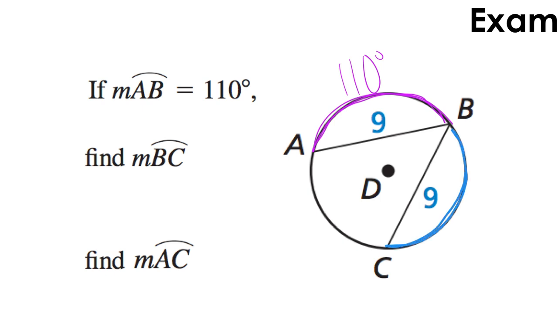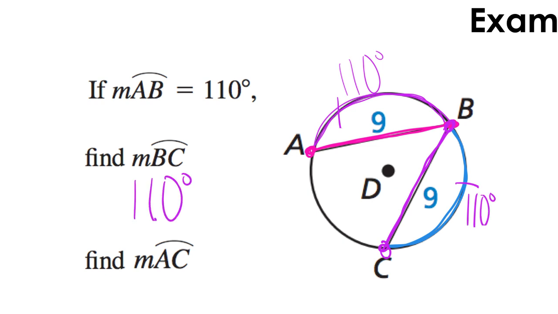Now, both of those arcs are created by chords. So if you look at this pink chord right here, see how this chord has endpoints that create that arc? Same thing for the other side, right? So this chord here has endpoints that create this arc. And since the chords are congruent, they're both equal to 9, that means the arcs also have to be congruent. So that means this arc is 110 degrees as well.